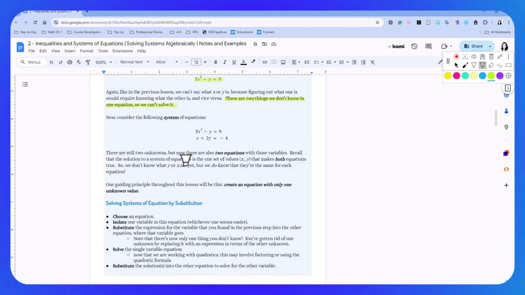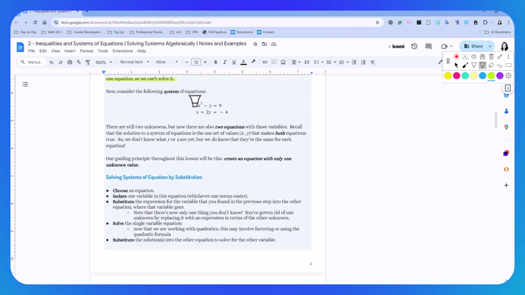But now let's consider the system of equations. We have the same equation here, but now we've added this other one, x plus 2y equals negative 4. While there are still two unknowns, we now have two equations with those variables. Recall that the solution to a system of equations is the one set of values, x and y, that we can plug in, and they are going to make both equations true at the same time.